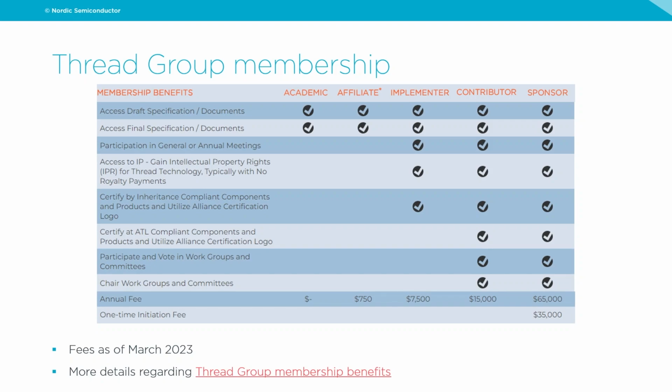Members on the sponsor level additionally sit on the board of directors and drive strategy of the organization. For an easy start, I recommend to join the organization on the implementer level, which has a lower annual membership fee but still allows you to certify your devices by inheritance.